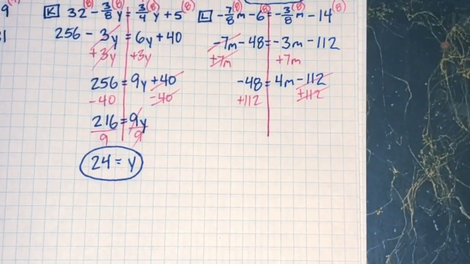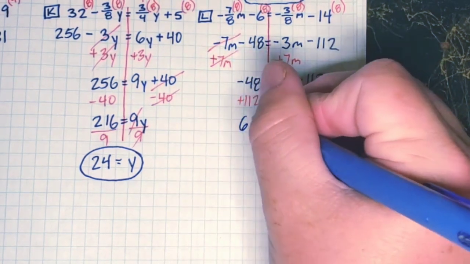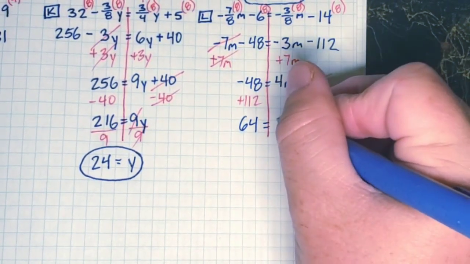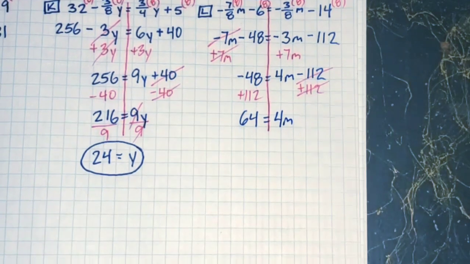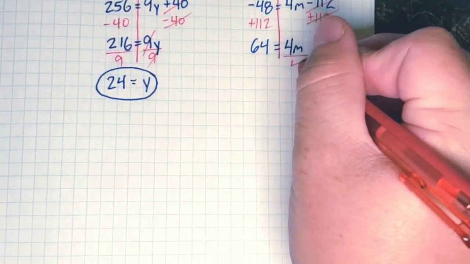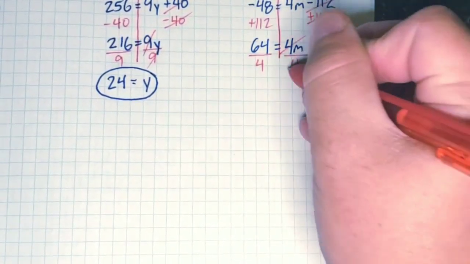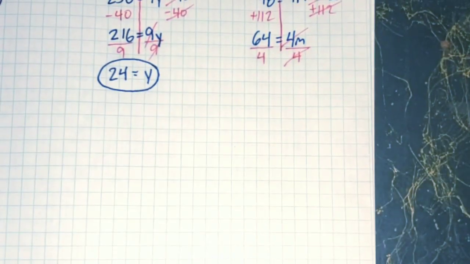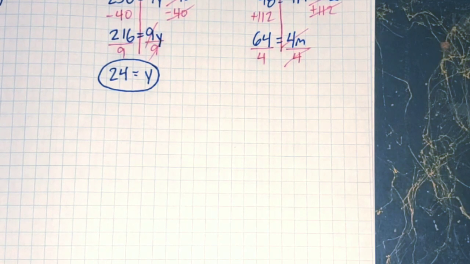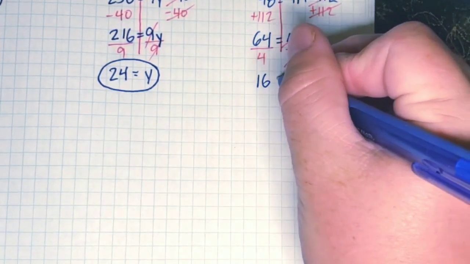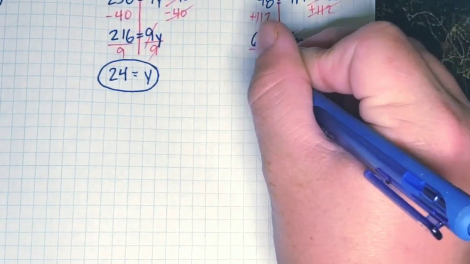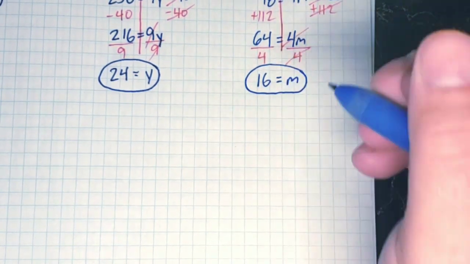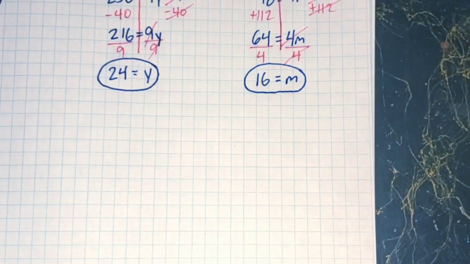Negative 48 plus 112 is 64 equals 4m. We're going to divide both sides by 4. Hopefully you could see what I was doing just then. I forgot to move up the paper. 64 divided by 4 is 16. Not 16m. 16 equals m.